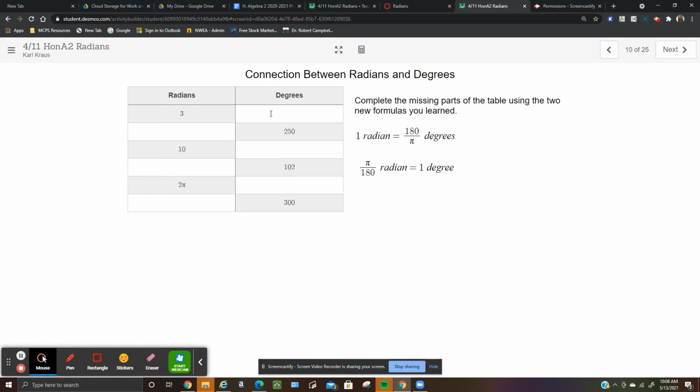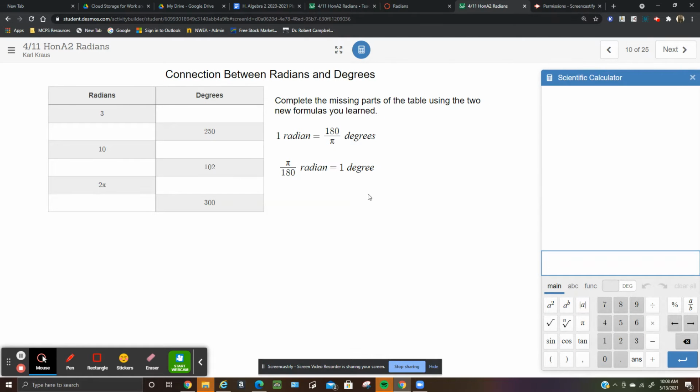And then I want you to fill in this chart here. So in the degree column, you can have decimal values. In the radian column, I'd like you to leave the answer in terms of pi. So 3 times 180 over pi is 171.9.